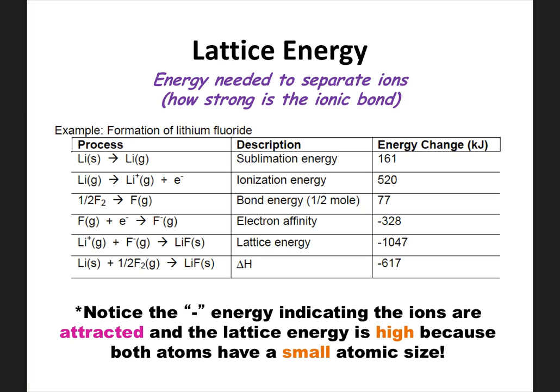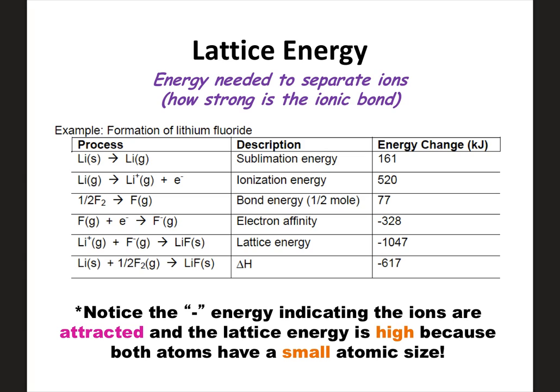So they look at the bond energy, but only for half a mole, and there's a certain amount of energy associated with breaking the bond in the F2 molecule. Notice these energies are positive. That indicates that energy needs to be put in to do this. So it actually costs some energy at first in order to get these ions into their proper form in order to combine.